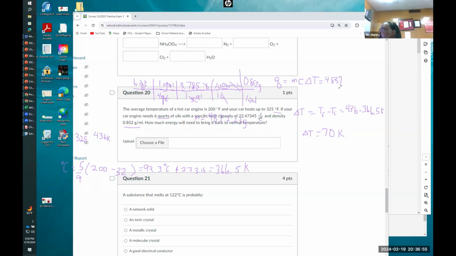So you can get away with using that. And that would be grams. We're multiplying that by our specific heat, which is 2.47345 joules per gram Kelvin. And then we're multiplying by the change in temperature, which was 70 degrees Kelvin.